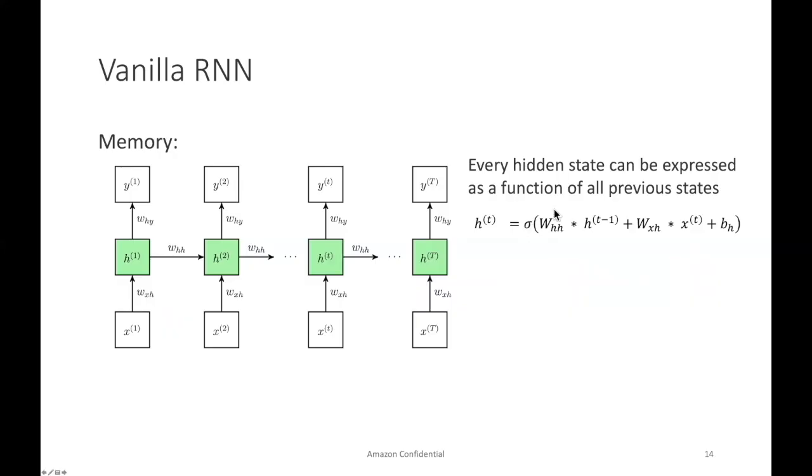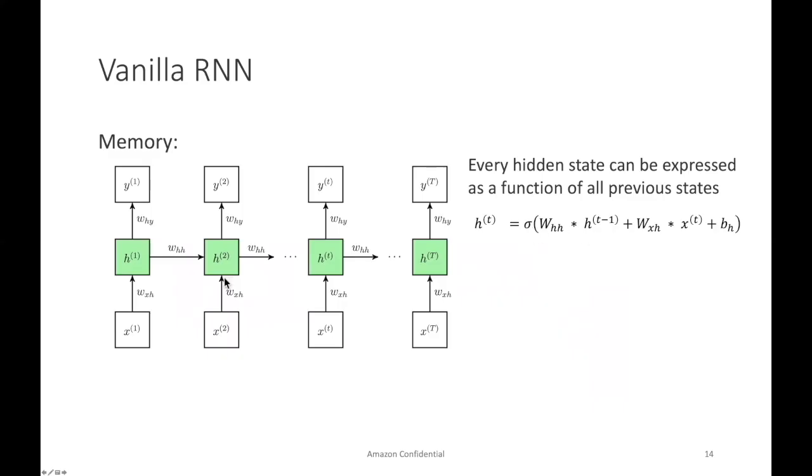So you can see that overall the equation looks something like this. This is the sigmoid function, the nonlinearity that we use in case of RNNs, which takes in a weight matrix multiplication of the previous time step hidden state. For example, here this hidden state will be multiplied with a weight matrix, and then the input is also multiplied with the input weight matrix Wx, and that is added and then passed to the sigmoid layer.